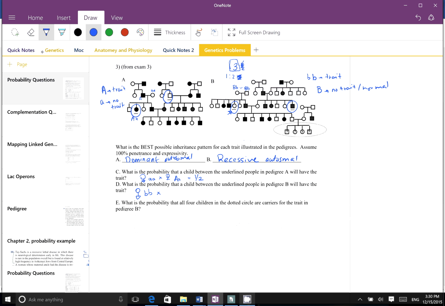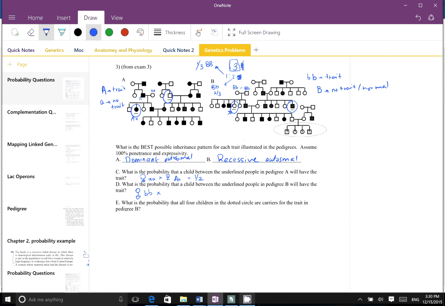But she can be a carrier for it. Okay, or she can be homozygote for the normal trait. Okay, the probability of her being a carrier is 2/3. The probability of her being homozygote is 1/3.